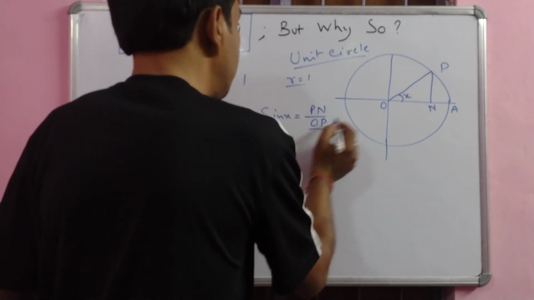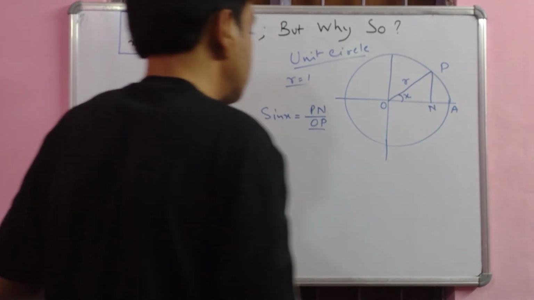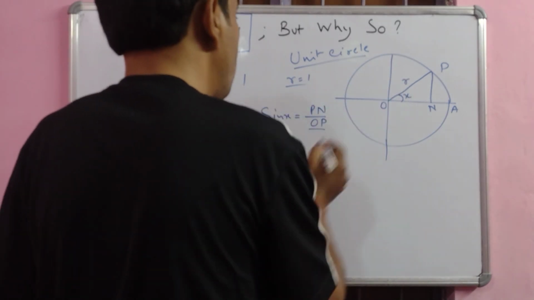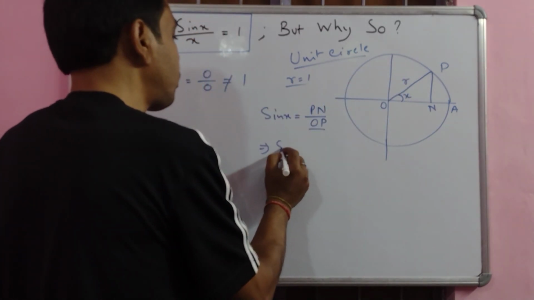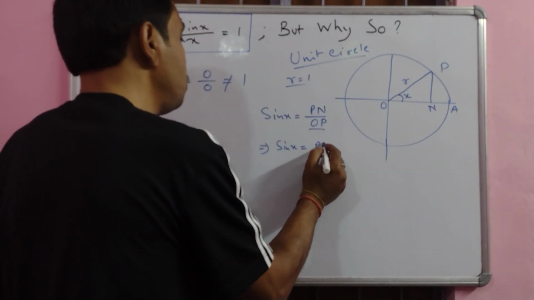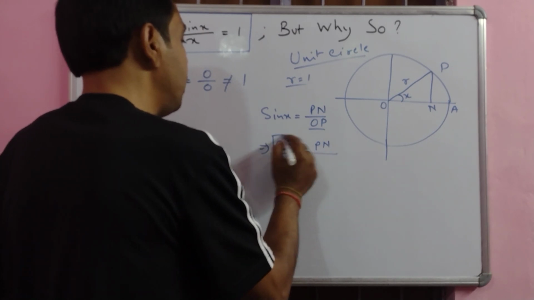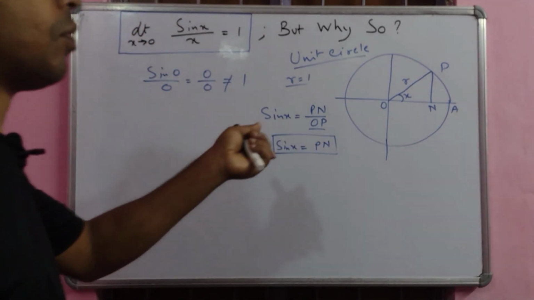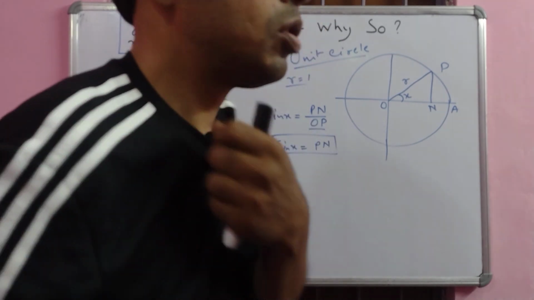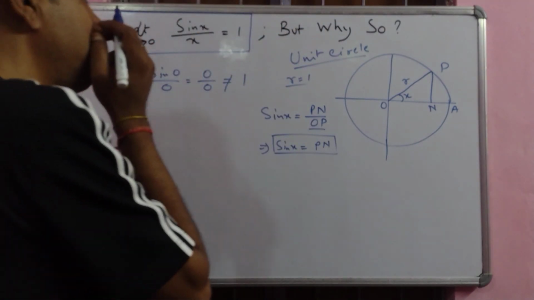OP is the radius R. Now if we put r equals 1 here, we get sin x is equal to PN. So from here we get sin x is equal to PN.